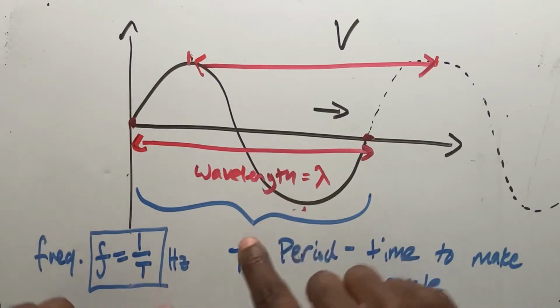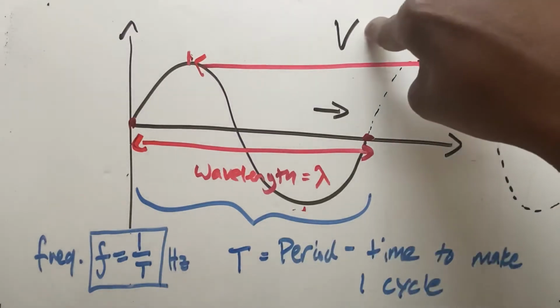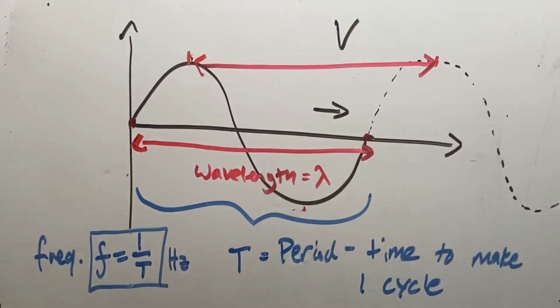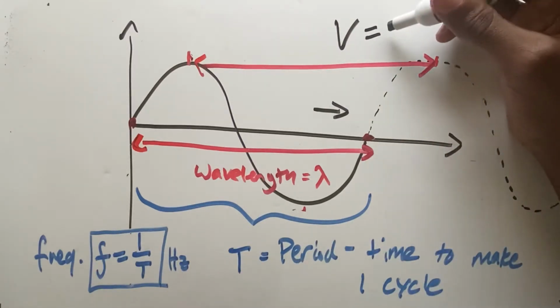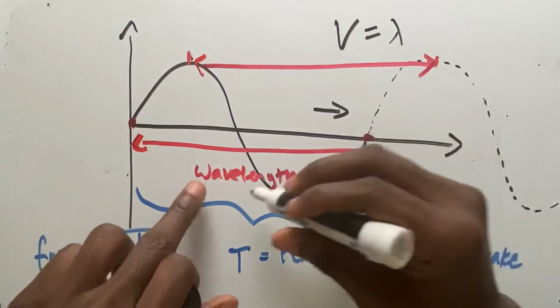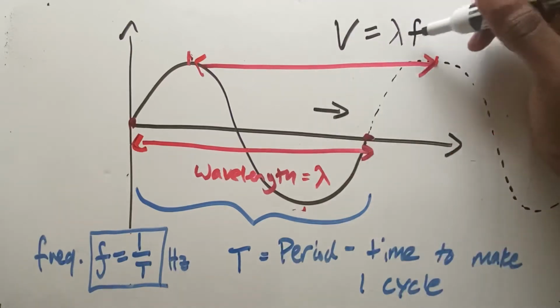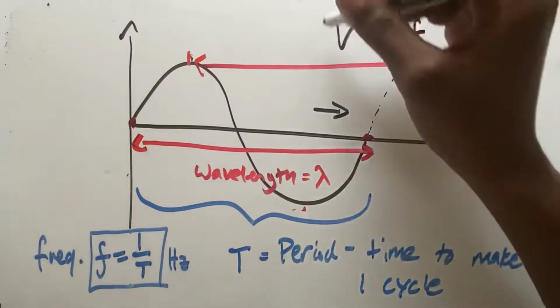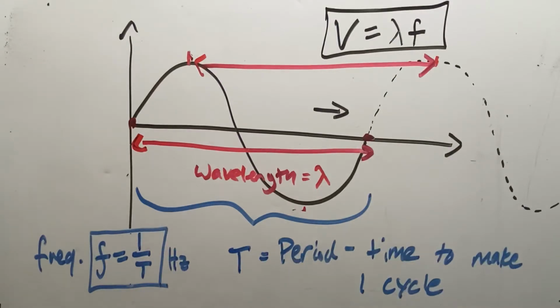So now if we combine the frequency with the wavelength, it gives us the velocity of the wave. So the velocity of the wave is going to be lambda, the wavelength, times the frequency.